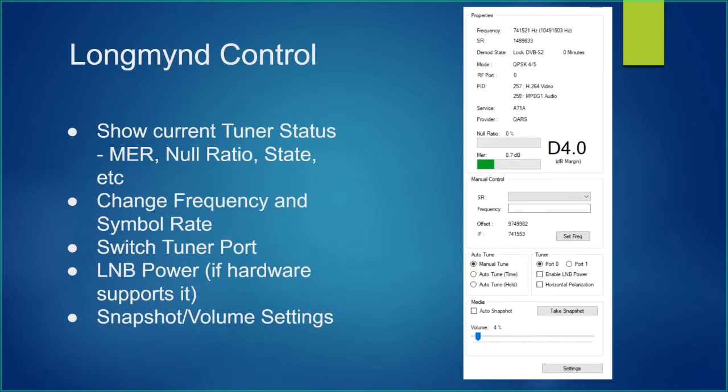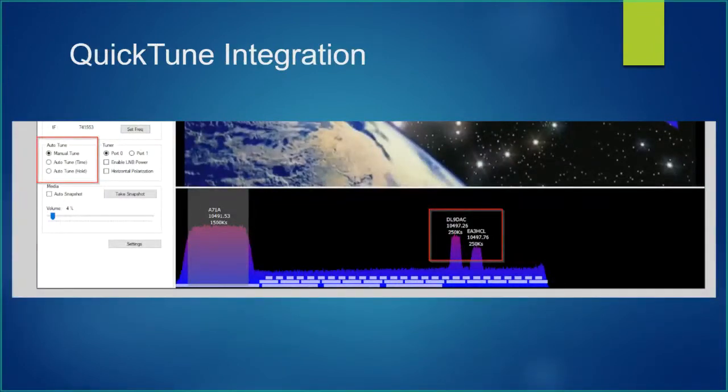Now, one of the tricky things is because we've got the 8 megahertz bandwidth, changing frequencies and symbol rates and stuff like that becomes a bit of a pain. So software that was developed by Phil Crump from the UK took some inspiration from that.